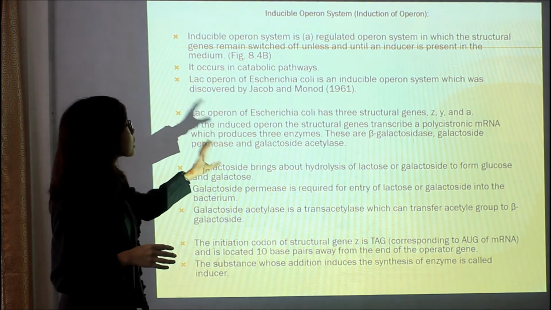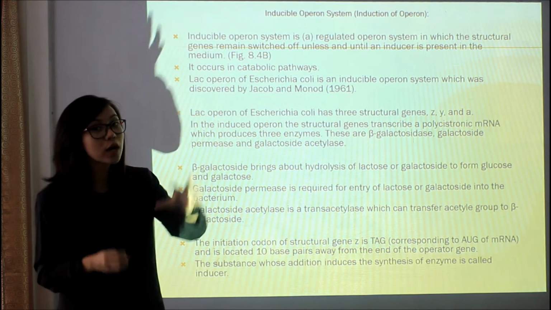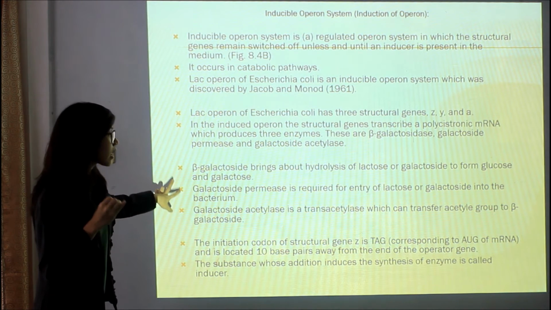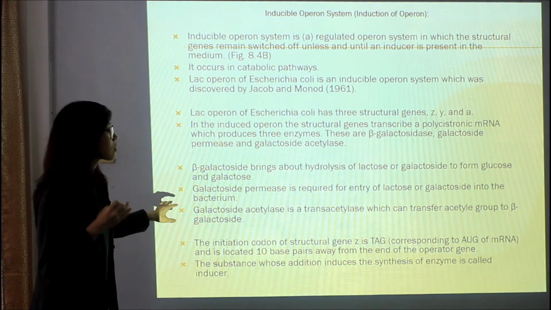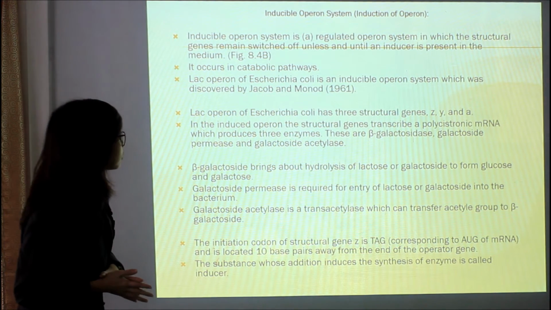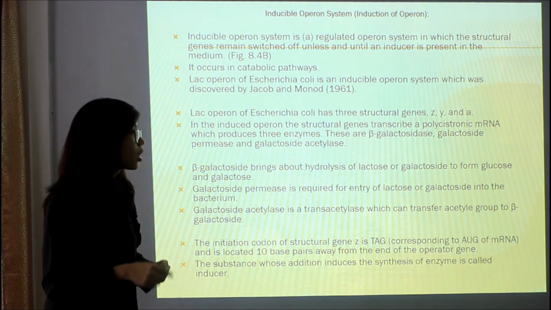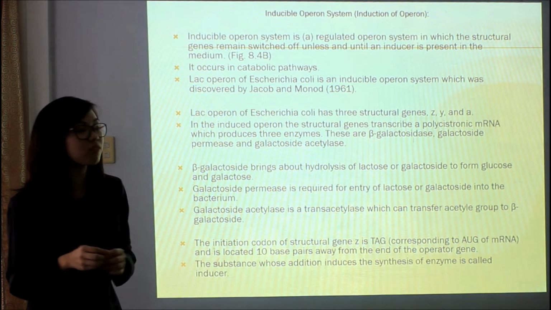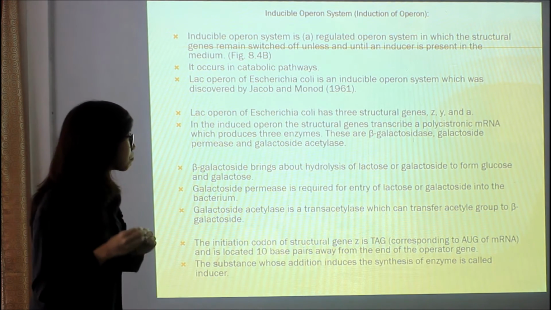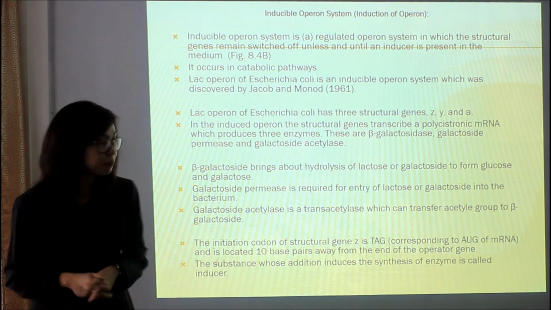Again, the three enzymes produced by the structural genes are beta-galactosidase, galactoside permase, and galactoside acetylase. The initiation codon of structural gene Z is TAG, corresponding to AUG of messenger RNA, and is located 10 base pairs away from the end of the operator gene.